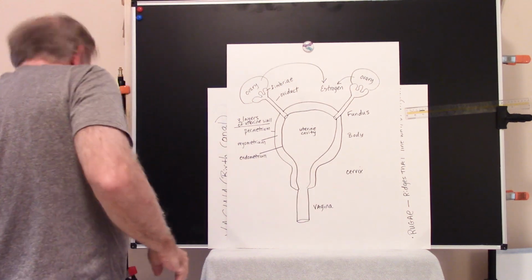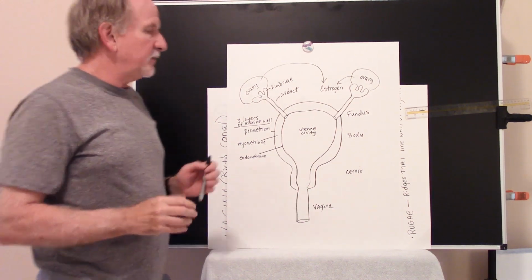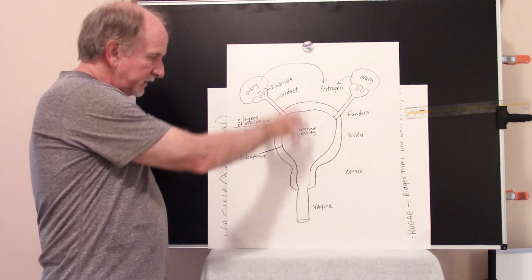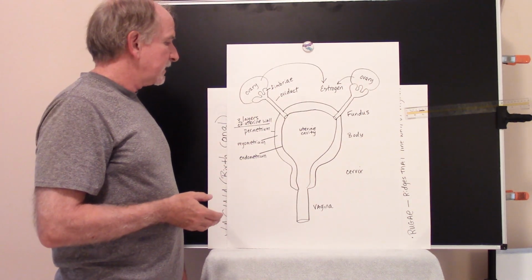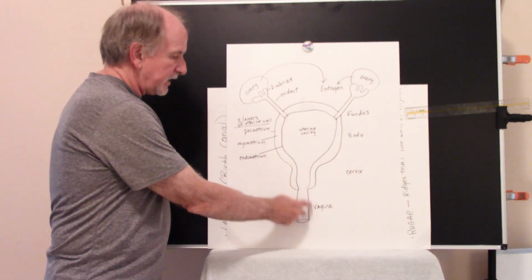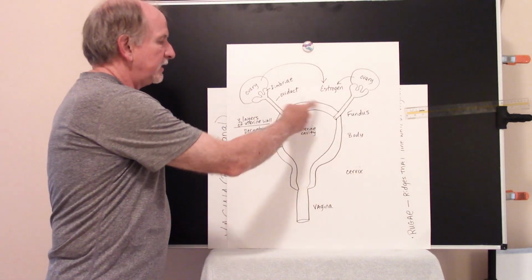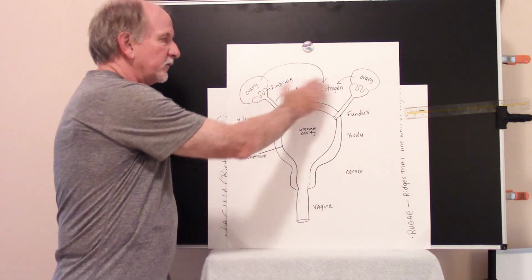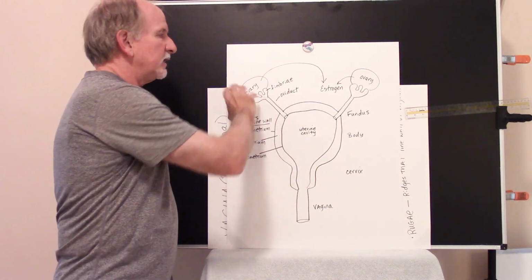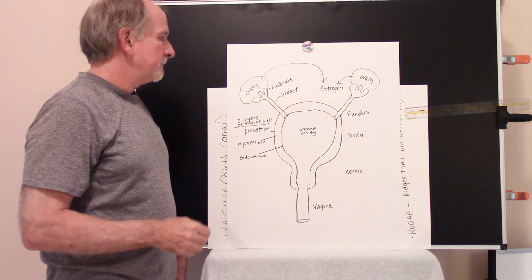So this is a picture of the internal organs of the female reproductive tract. And this would be the vagina that leads to the uterus. And off the uterus would be the fallopian tubes that extend to the ovaries.